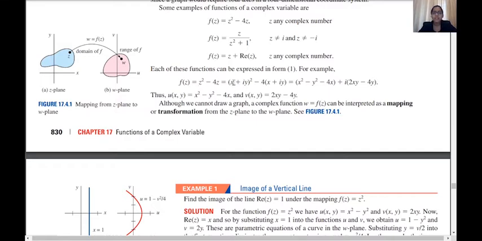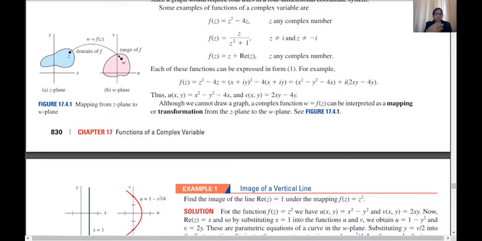So we'll have x plus iy whole square minus 4 into x plus iy. Just expanding and combining the terms without i together and terms with i together, you will get it in the form u of x,y plus i into v of x,y. So that is simple. We just have to replace z by x plus iy.